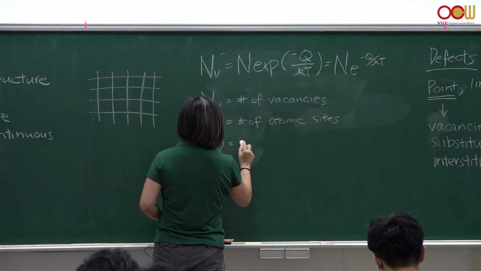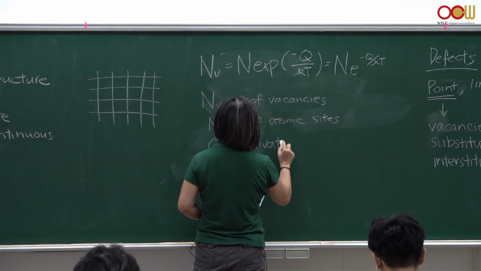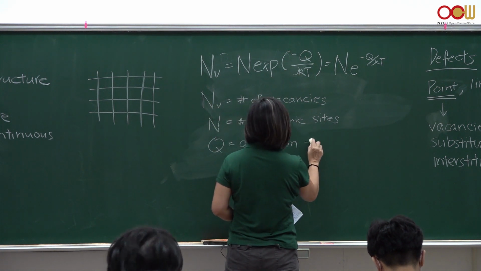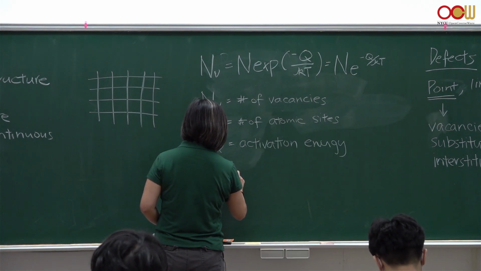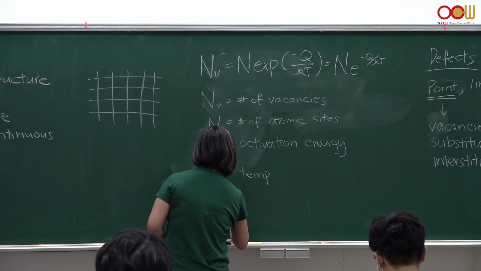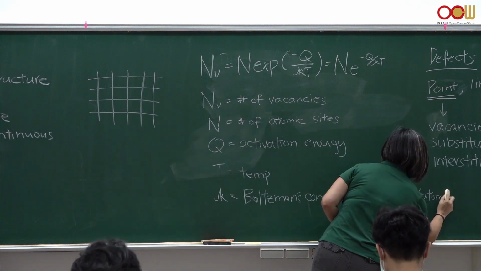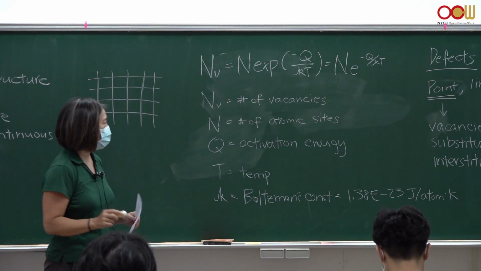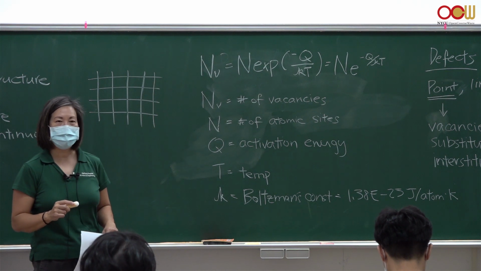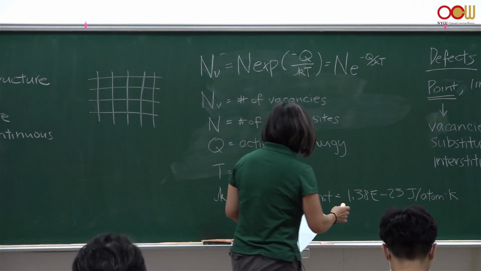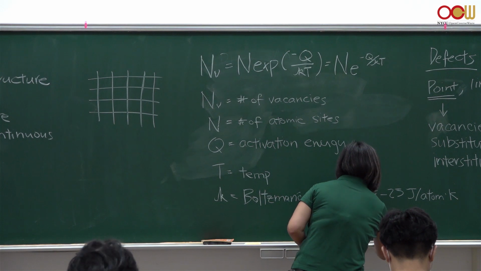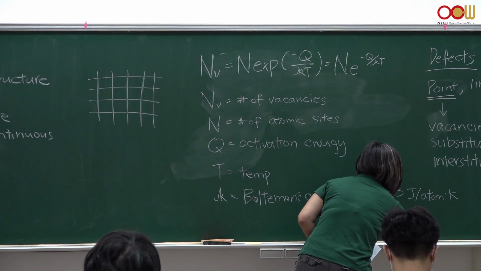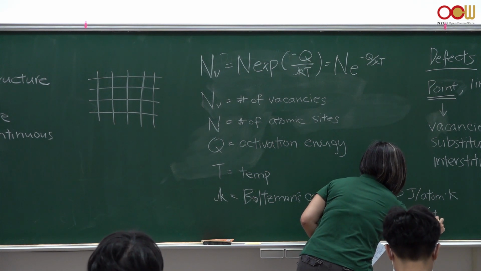Q, activation energy. So how much energy does it take for an atom to break its bond and leave the structure? T is temperature. K is Boltzmann's constant, 1.38 times 10 to the negative 23 joules per atom Kelvin, or 8.62 times 10 to the negative 5 electron volts per atom Kelvin.